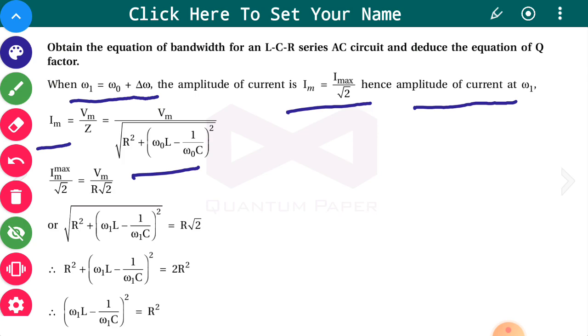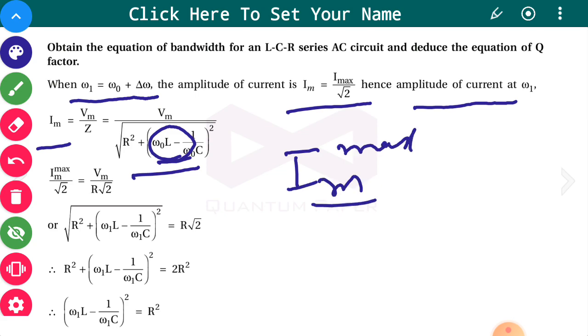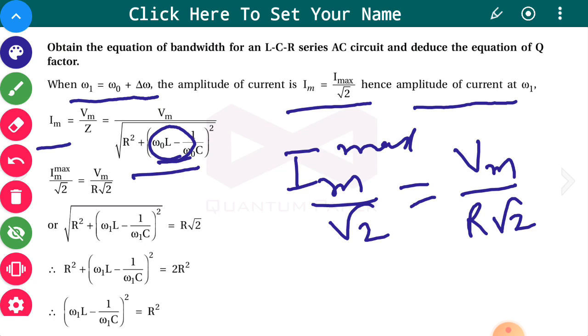We have just divided by root 2 on both sides, so that becomes I RMS. And whenever resonance occurs, this reactive part becomes 0. So Im maximum by root 2 becomes I RMS, which is Vm upon R root 2, because this part has become 0.